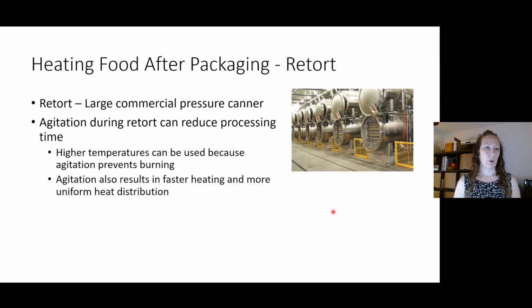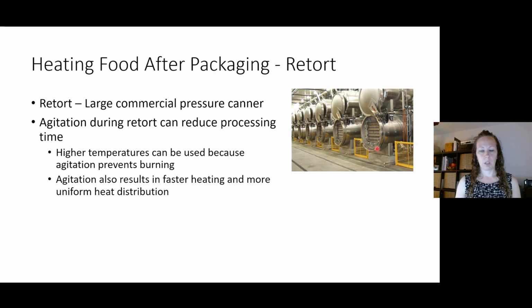Okay, so heating food after packaging. There are two main methods here for heating food after packaging. The first one is retort. A retort is a large commercial pressure canner. These are big tanks that fit lots of cans stacked in them.